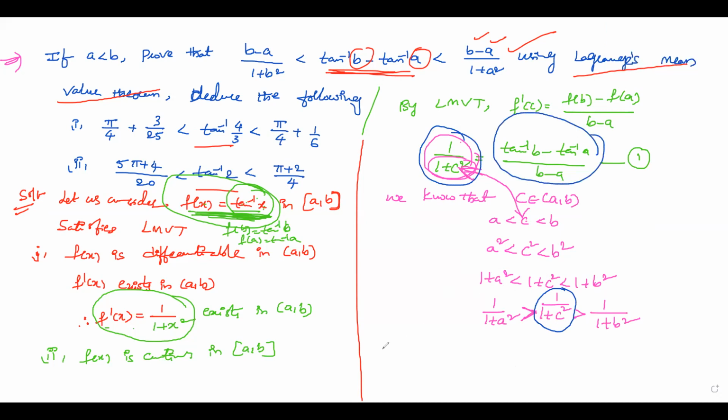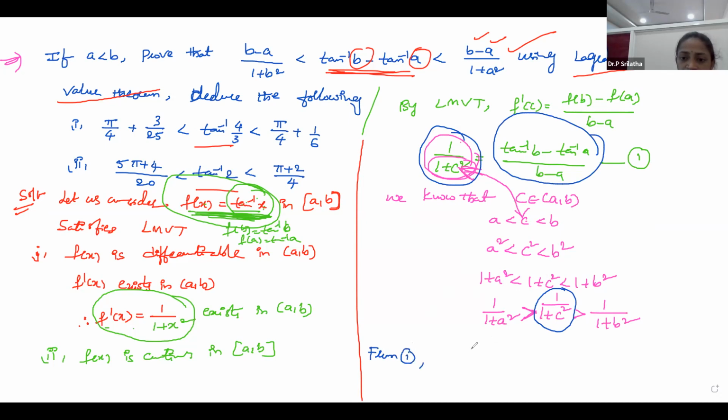Tan inverse b minus tan inverse a divided by b minus a. From equation 1, we can write that 1 by 1 plus a square is greater than tan inverse b minus tan inverse a divided by b minus a, which is greater than 1 by 1 plus b square, isn't it? Is it clear, all of you?